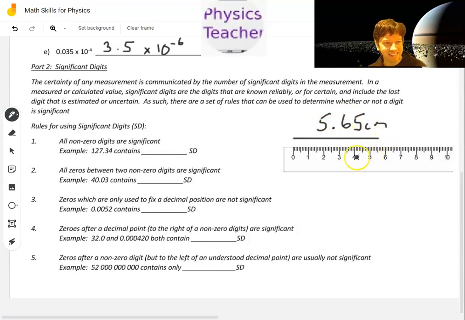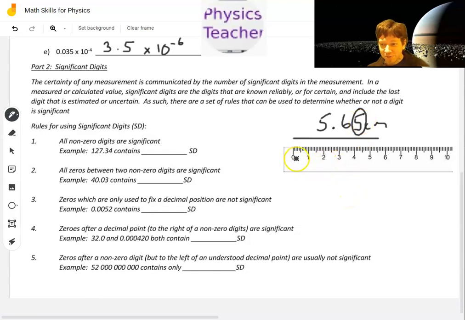So what did I technically do here? I knew it was somewhere between 5.6 and 5.7. So this digit here, I really just estimated. Could have been 5.64, right? Or 5.642, or who knows, right? This tells you the accuracy, right? These two digits, I know. The next one I estimated.